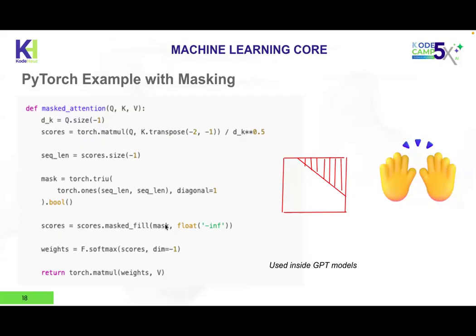Where this mask is 0, it will not fill. That's what the mask is. But wherever the mask is 1, it will fill it with minus infinity. So remember, up here the mask was 1. So when you fill it with minus infinity, that means everything in this upper side will now be minus infinity, while everything down here will be whatever was there before, which is the scores.